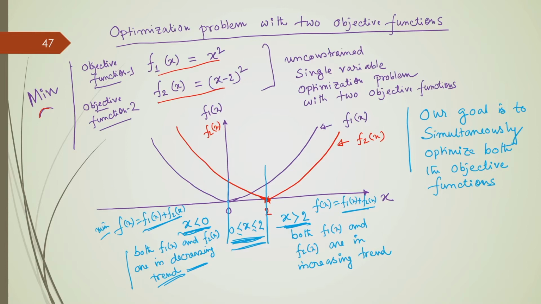For example, here you can see at x equal to 0, f1(x) has value 0, but f2(x), if you consider this region, is of highest value. So, although f1(x) is of lowest value, f2(x) is at its highest value.